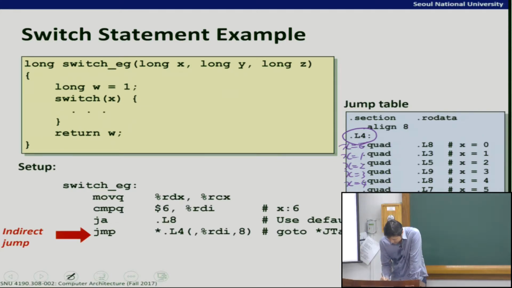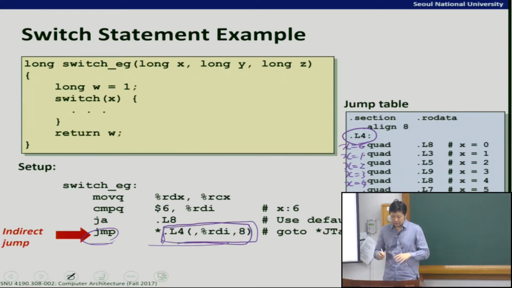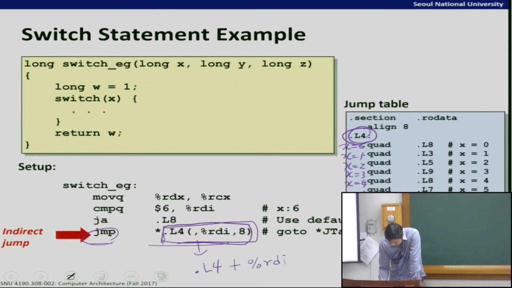So let's think about these cases one by one. By the way, this is called an indirect jump. You already know how to calculate this part: you calculate the address. This is a displacement with scaling, calculated as L4, the base address of the jump table, plus RDI times 8.